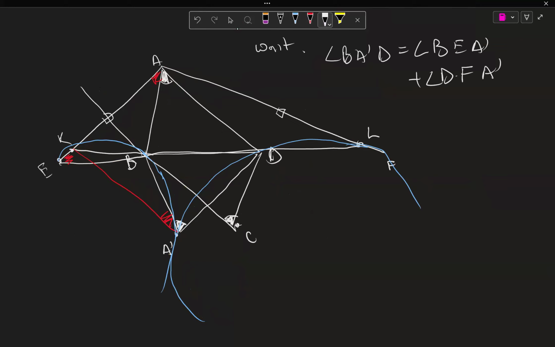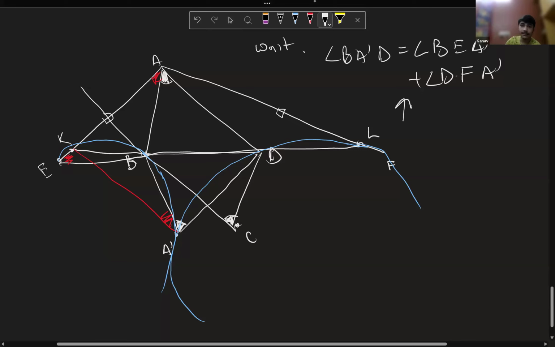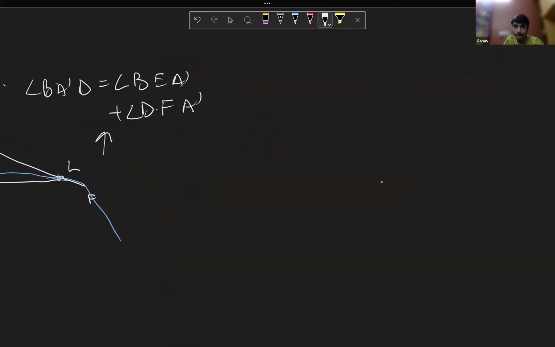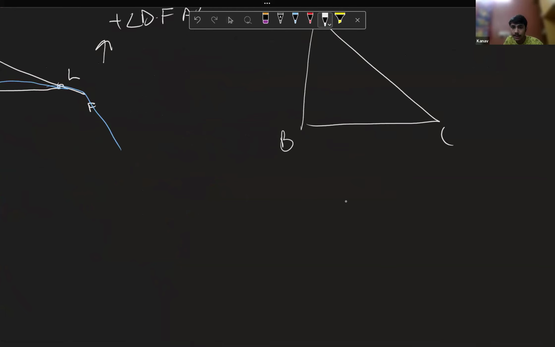Maybe we could first... no, that is... Now notice that this has removed K and L from the problem, right? So we don't need K and L anymore. So if we draw a new diagram, we have ABD. This is the reflection of A about BD.